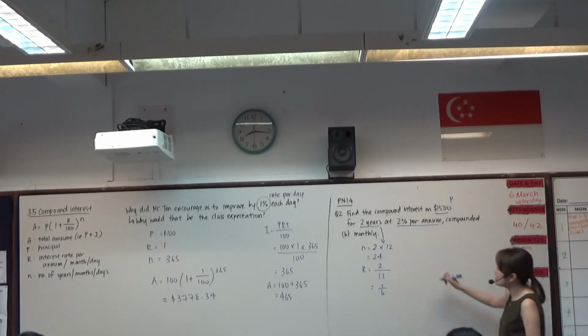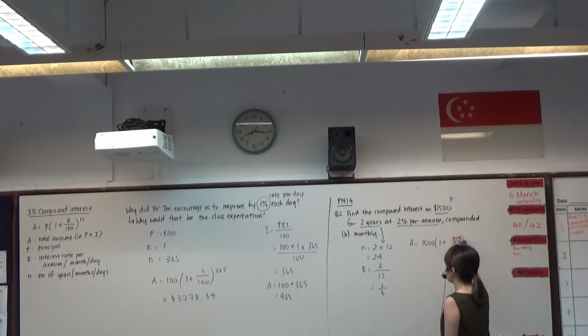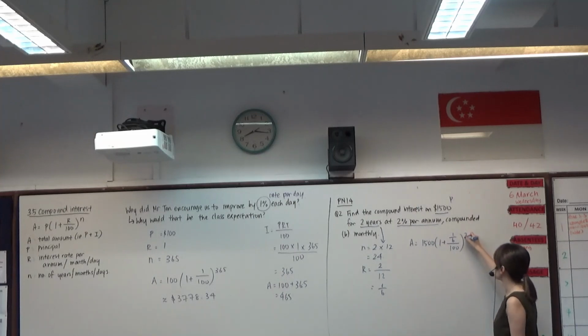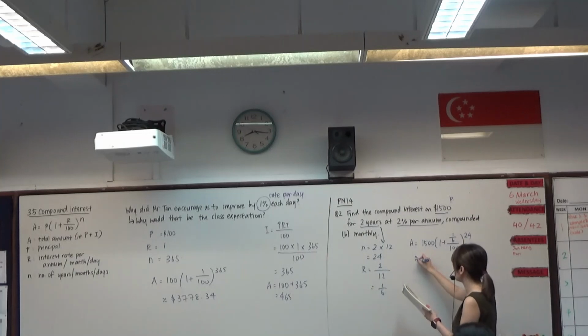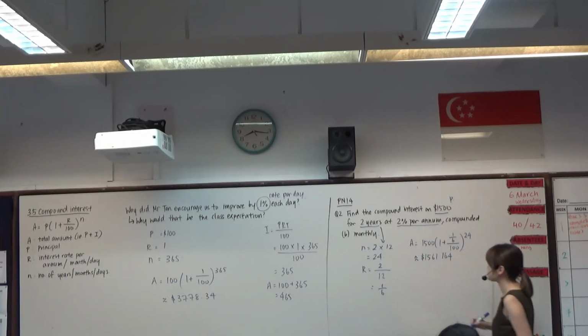So now we use the formula. Our total amount would be 1,500 times (1 plus 1/6 over 100) to the power of 24. And that would give us about 1561.164.